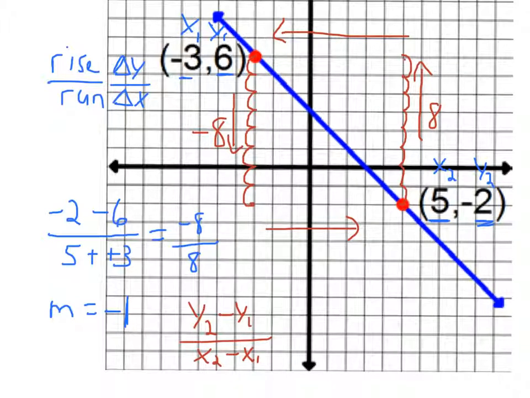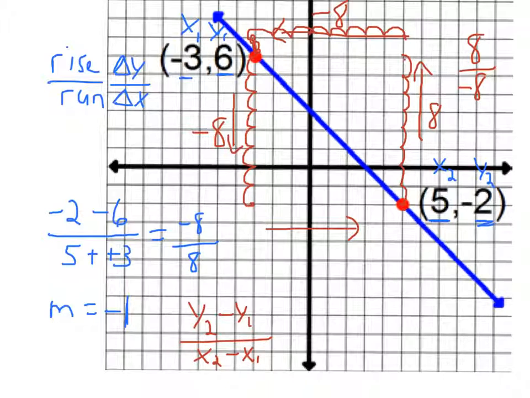So if I start over here, going from this point over to that point, I see positive because I'm going up here, but then when I go to the left, I go 1, 2, 3, 4, 5, 6, 7, and 8. So I go over negative 8. So my rise over run would be 8, positive 8, divided by negative 8.